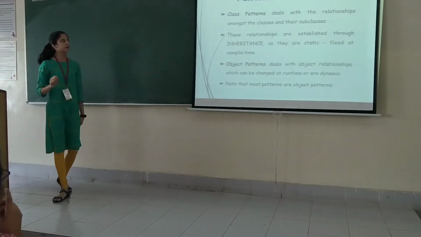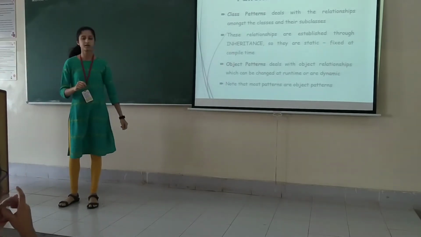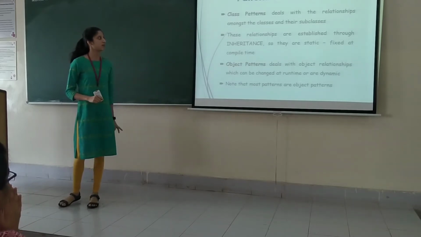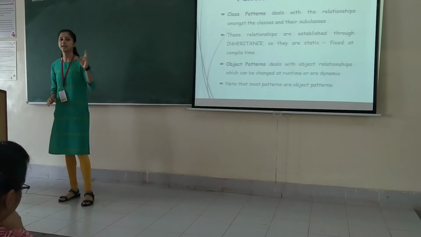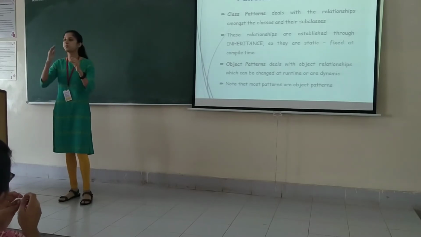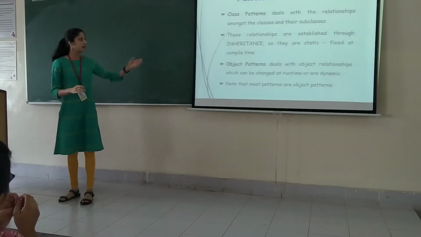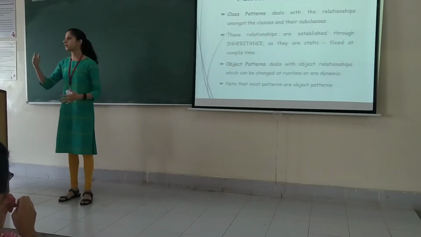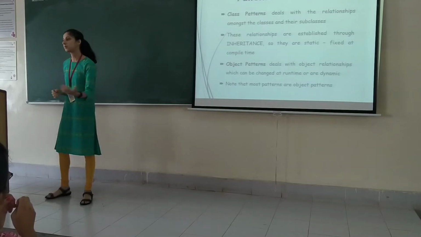In scope-based design pattern classification, there are two types: class patterns and object patterns. Class patterns deal with the interaction between classes and subclasses. Object patterns deal with the relationship between different objects, which is dynamic in nature.